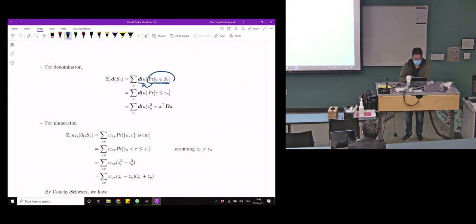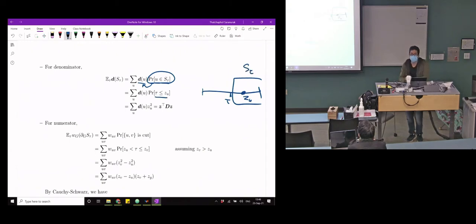But what is this probability? U will be in the set S tau if tau is less than Z_U.